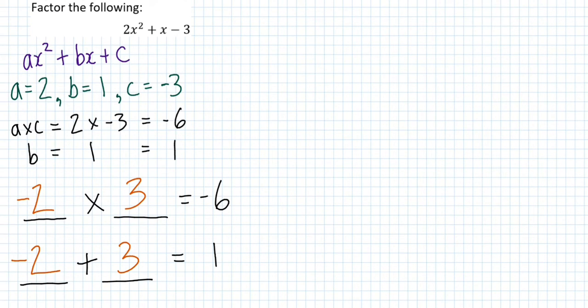So our next step is to rewrite the expression, top of the page. So I'll go ahead and do that. 2x squared plus x minus 3. Again, we're going to rewrite this with our new numbers that we just found.